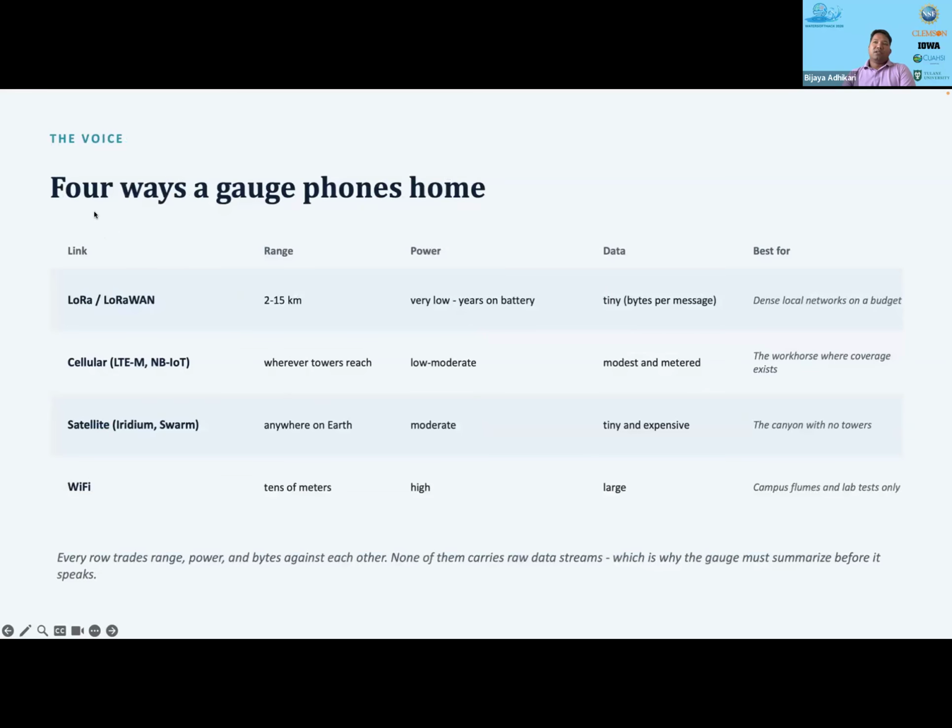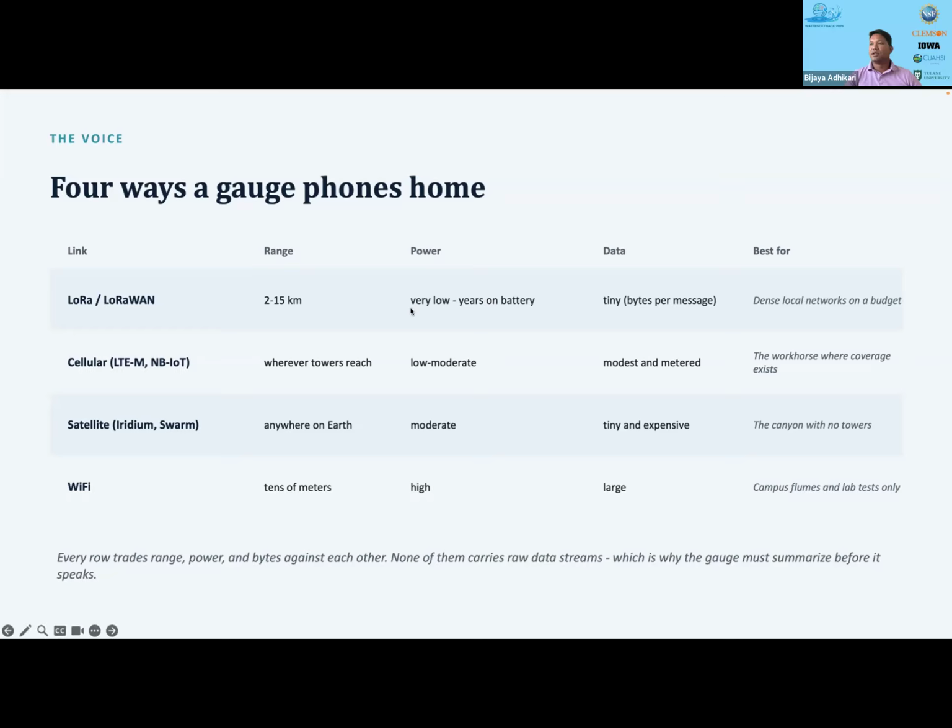Okay, so how does the gauge communicate? There are different mediums. LoRa and cellular are probably the most common mediums. LoRa is a long-range radio communication channel.